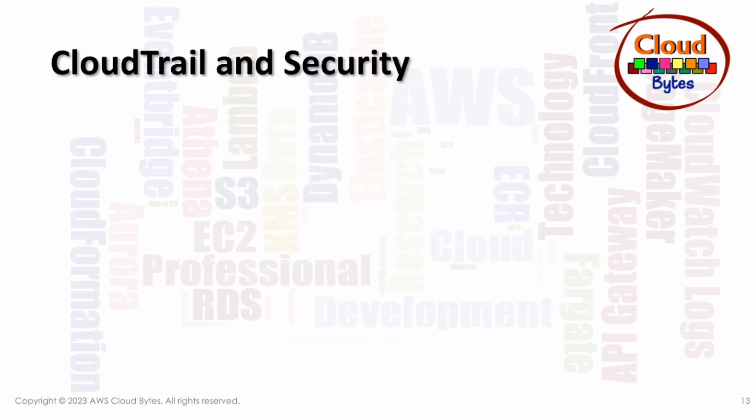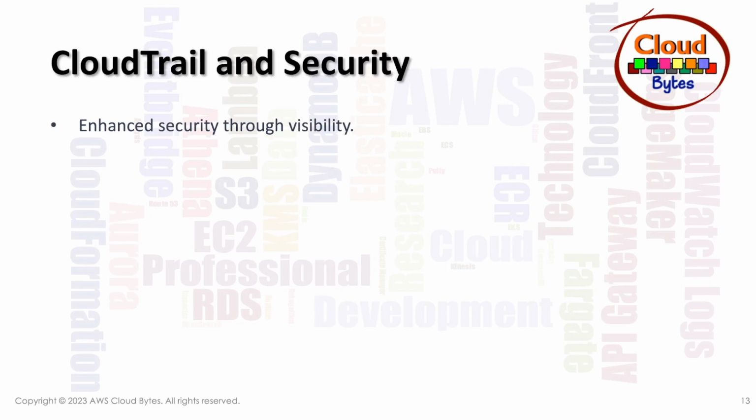CloudTrail and security: enhance security through visibility. CloudTrail enhances security by providing clear visibility into all activities of your account, empowering you to detect and respond to potential security threats. This can be done if you have a near real-time dashboard that can provide you all this information, because if there are certain anomalies in your resources, a change, a spike, a pattern, you can use CloudTrail to give you some insight.